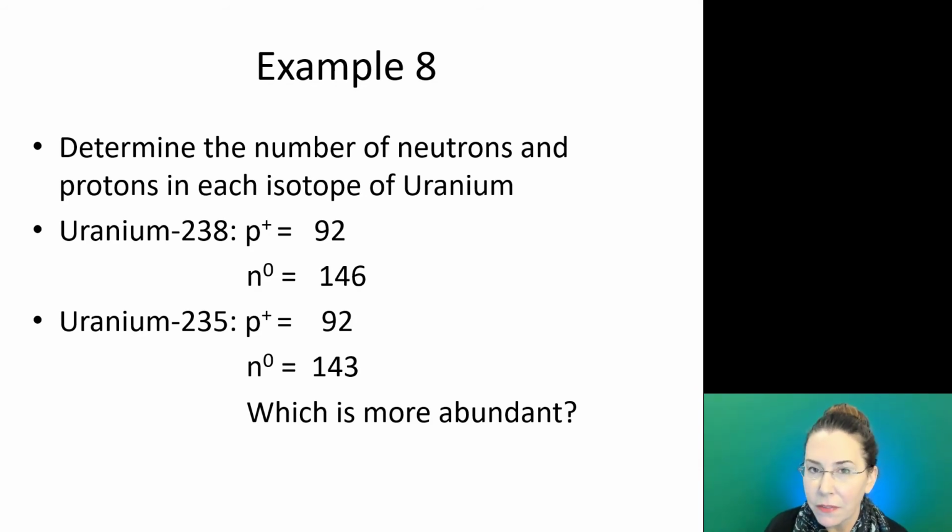Now, I've asked you another question here. Which of these 2 would be more abundant? Now, what does that mean? Really, I'm asking which of these 2 would be more likely to be found in nature? Which one is its most common form? How can you find that out? Well, I'm going to give you a clue. Look at the atomic mass and compare it to the mass number of each.